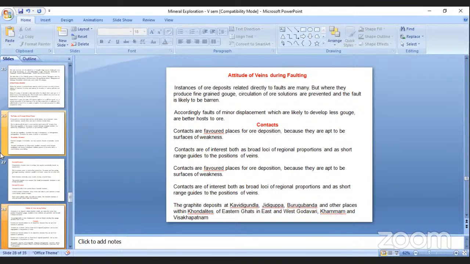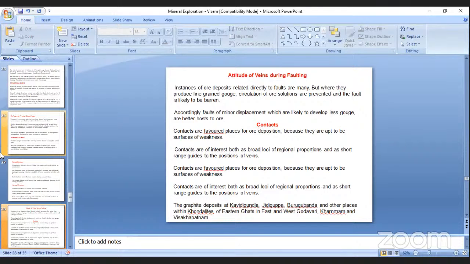Accordingly, faults with minor displacement are likely to develop very little gouge, and these are the best hosts for the ore.